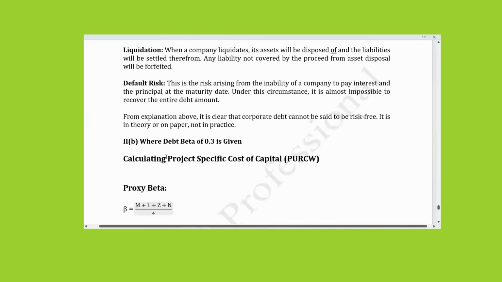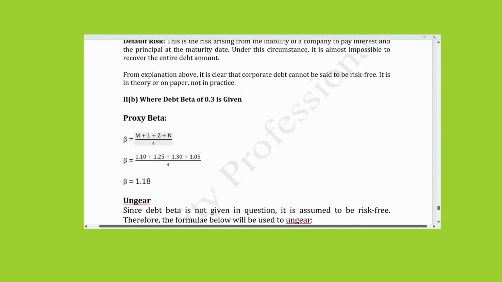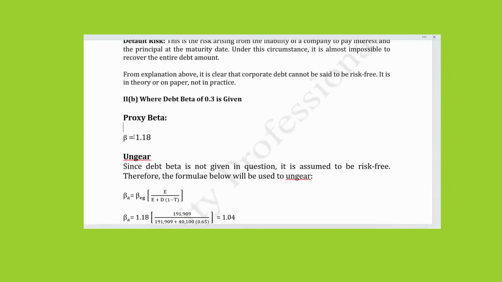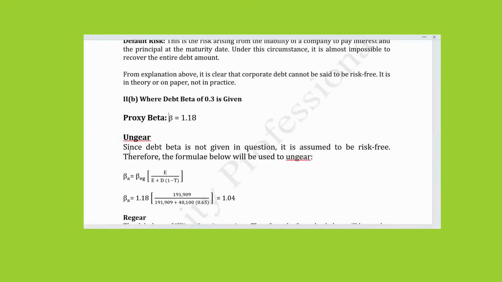Okay. So because we are given a debt beta of 0.3, we need to recalculate. Our proxy beta will remain the same at 1.18. All right.